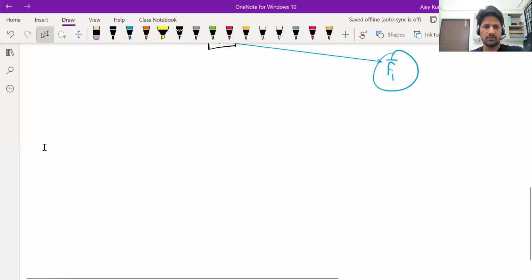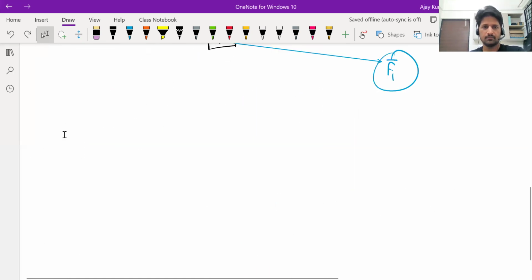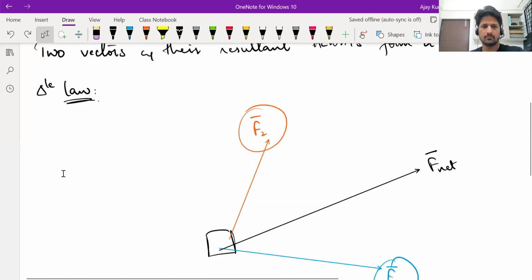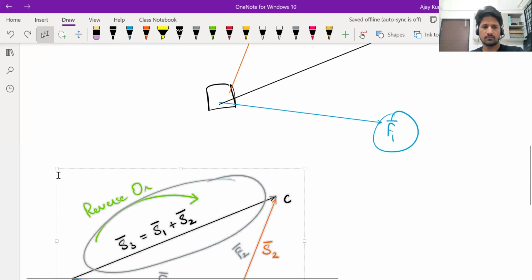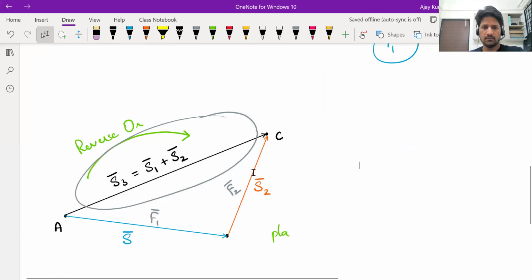Here we took S1 followed by S2. Even if you take S2 first and make S1 follow it, like draw S1 in order, sorry, like this.